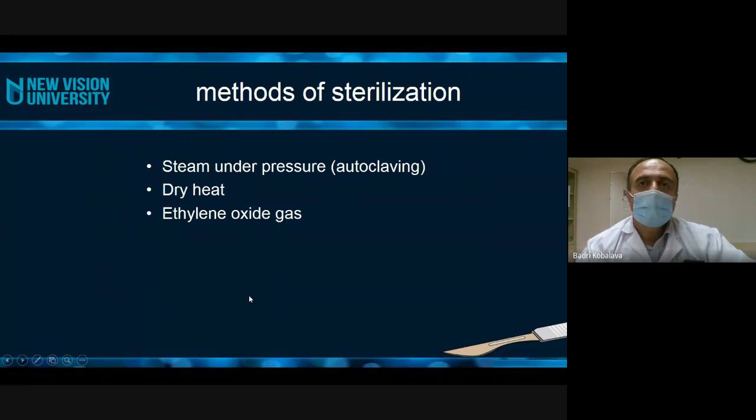Okay, now we also use methods of antisepsis. We use solutions to kill microorganisms.